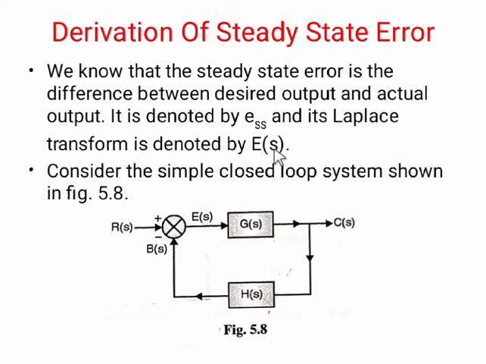To derive the steady state error of the closed loop transfer function, consider figure 5.8 in which R(s) is input, C(s) is output, H(s) is the feedback element and G(s) is the forward transfer function. And this is E(s), which is the difference between the input and the output.